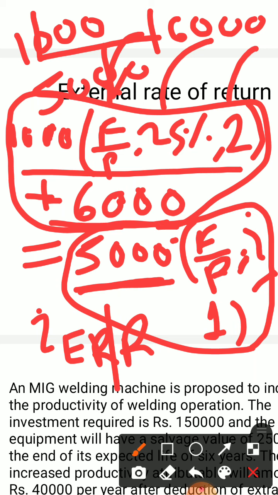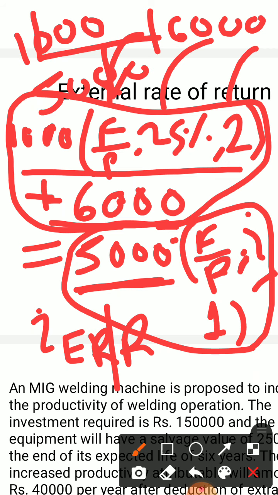That particular interest rate I is nothing but the external rate of return. So this I gives an interest rate so that the investment you can get returned as soon as possible.